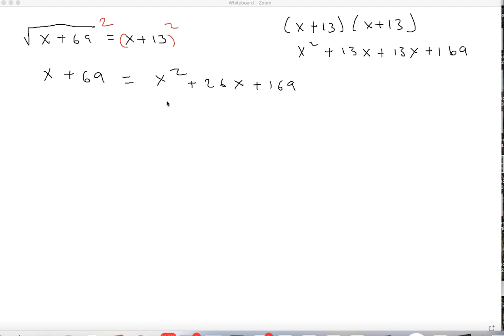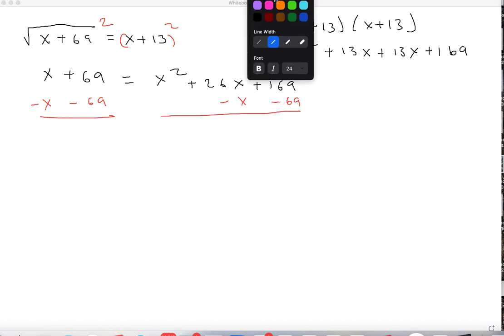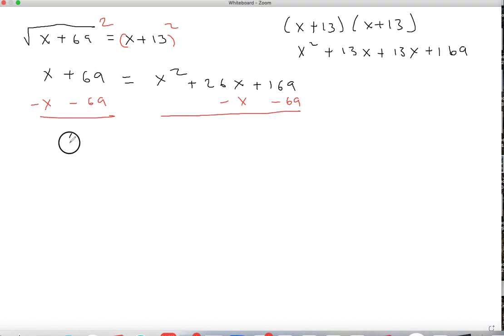So to solve the quadratic, we want to get everything over to one side, so I'm going to bring this over and that over. So now that's 0, and this is going to go x squared, and then 26 minus 1 would be 25x, and that's going to be plus 100.